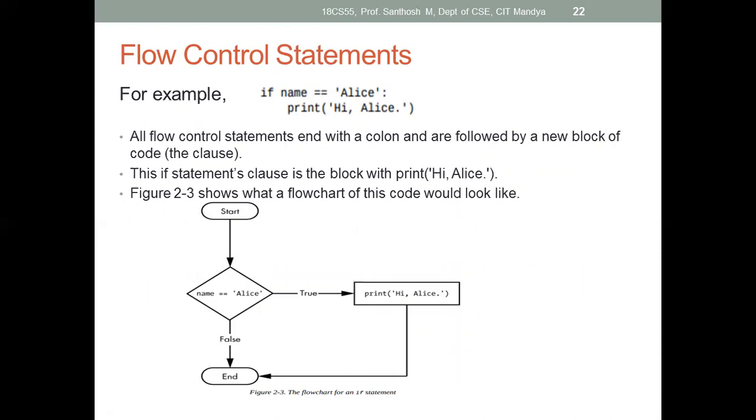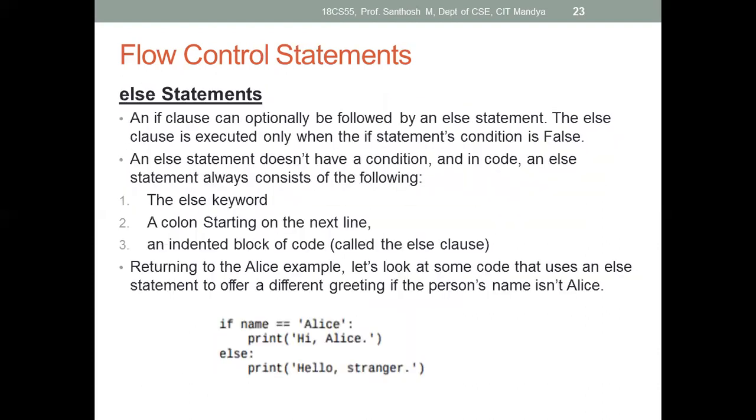If the condition is false, it will not print anything, but we can't check whether that if is working or not. For that reason, if the condition is false, what do we do next? For that they introduced the else statement. The else statement is used to execute if the condition is false.